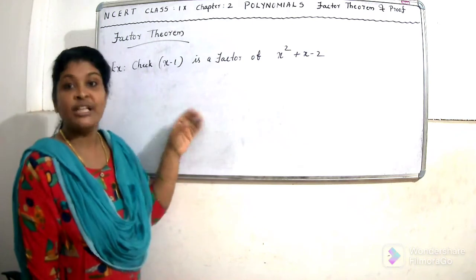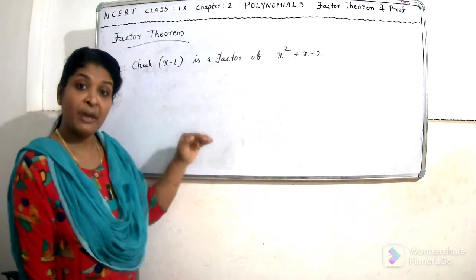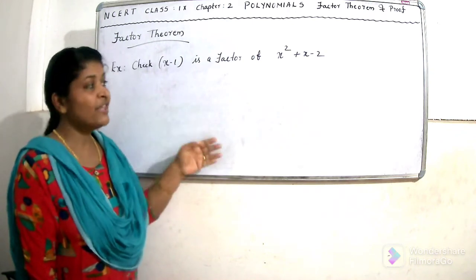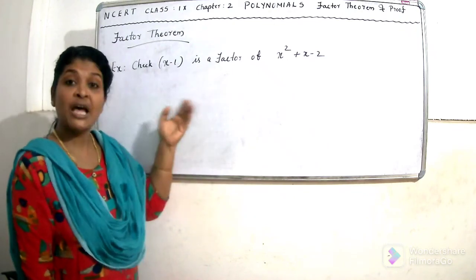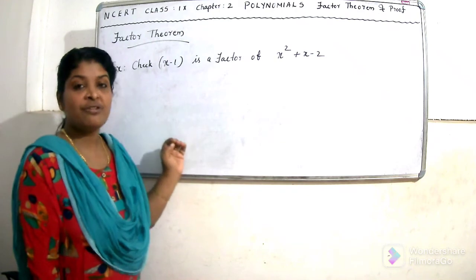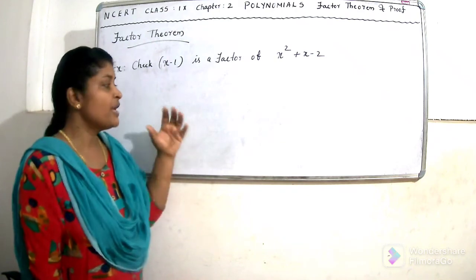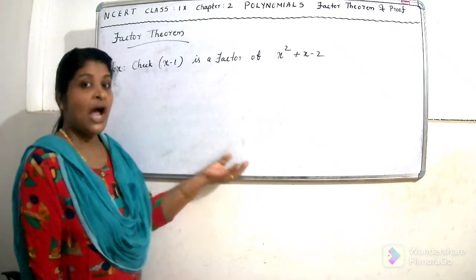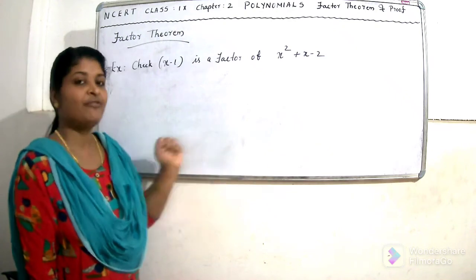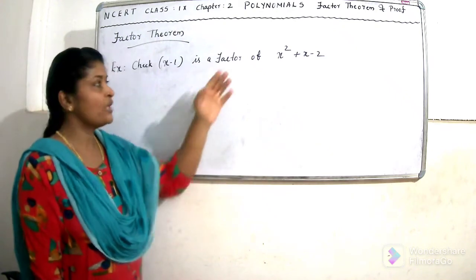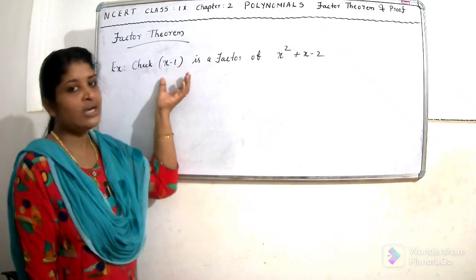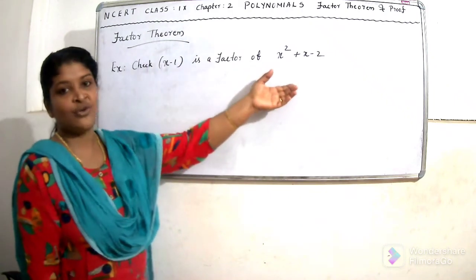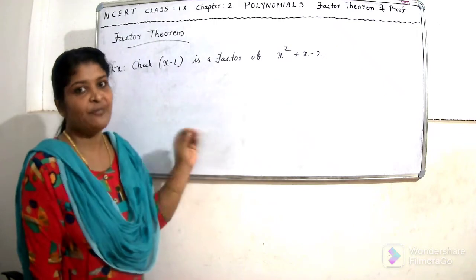If that remainder is 0, then we can decide it is a factor. First, with the help of the remainder theorem, we will find out the remainder. Then we have to look whether it is 0 or not. If it is 0, then it is a factor. If it is not 0, then the polynomial is not a factor of x square plus x minus 2. That way we have to do.